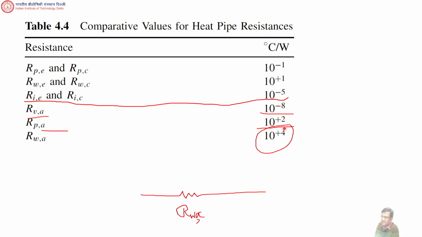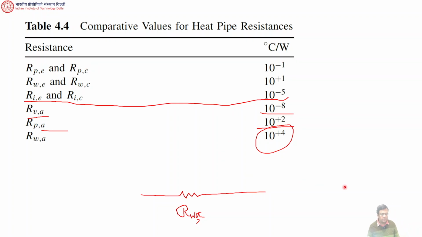Whereas RPE or RPC just have to take place over a small thickness of the wick, right? Small thickness of the pipe, for example.